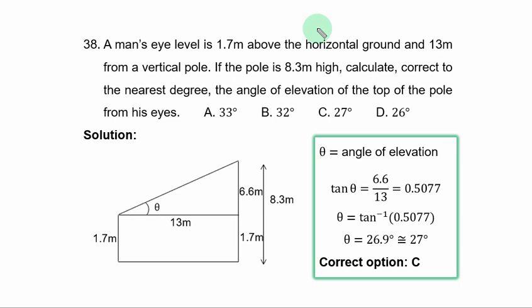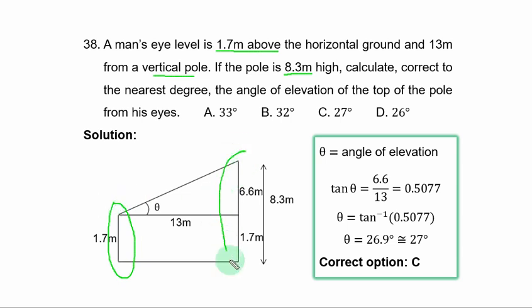Question 38. A man's eye level is 1.7 meters above the horizontal ground and 13 meters from a vertical pole. If the pole is 8.3 meters high, calculate correct to the nearest degree the angle of elevation of the top of the pole from his eyes. So this is the man. The height of that man is 1.7.